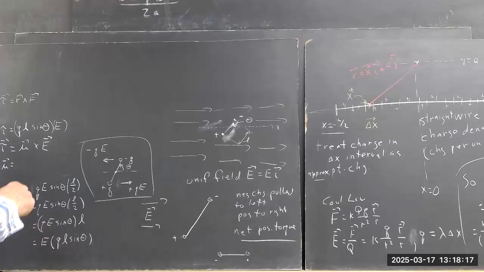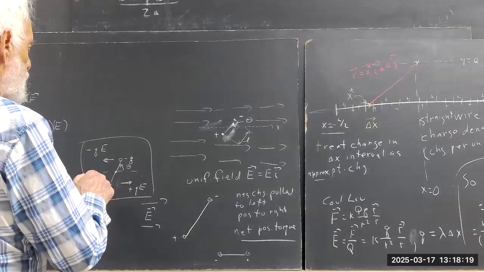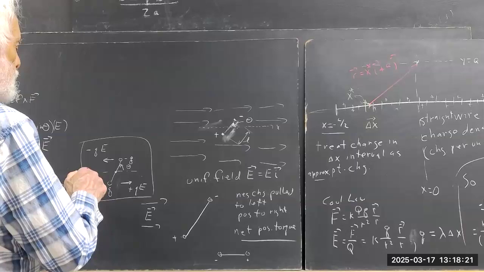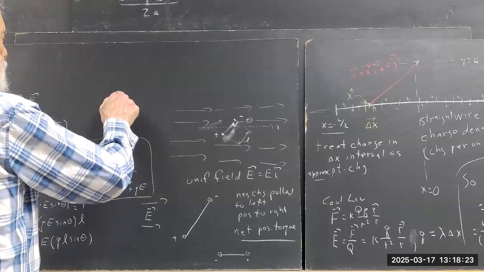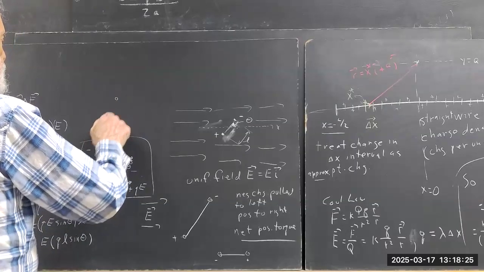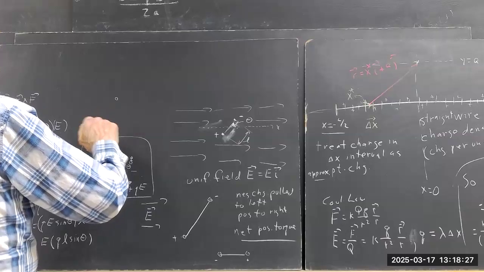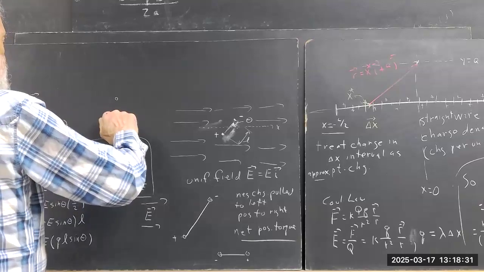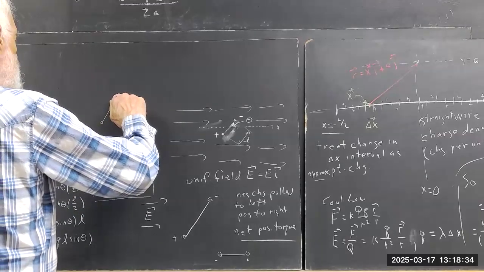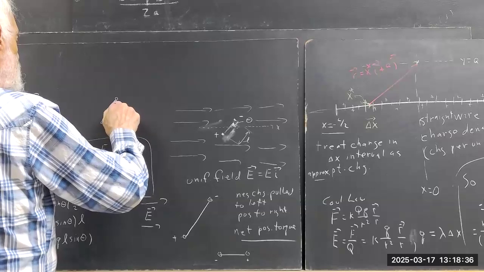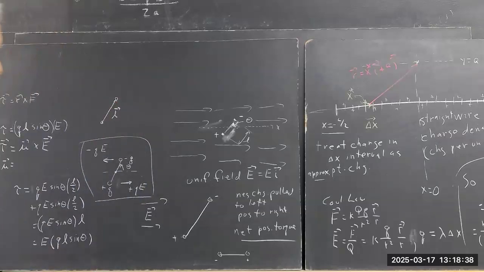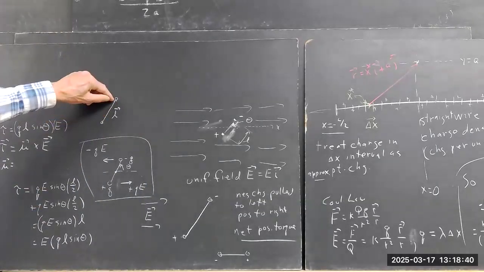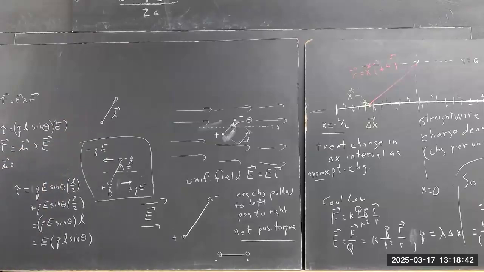I'm trying to keep the notation consistent with the text. So I'm just going to call a vector from here to here the L vector.